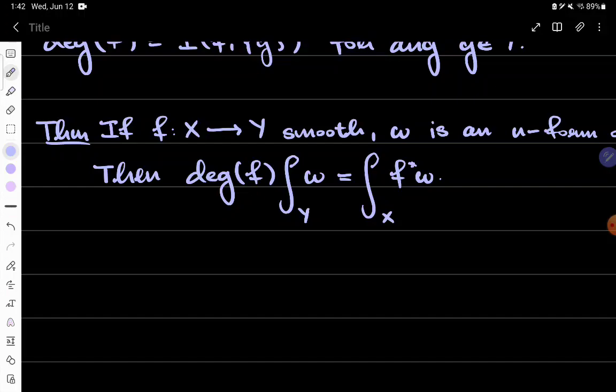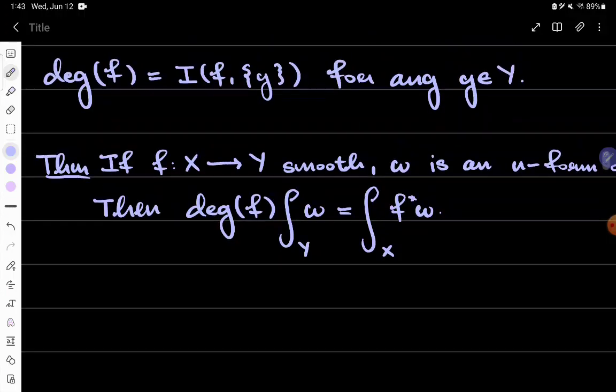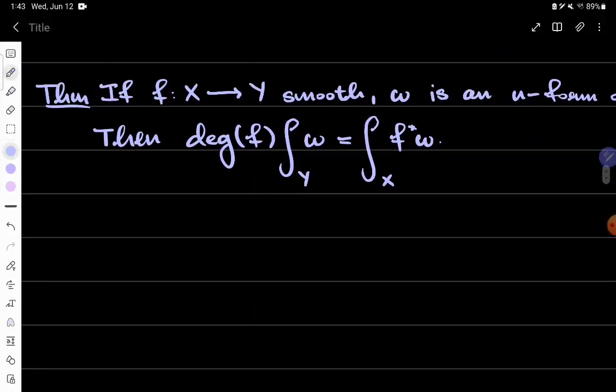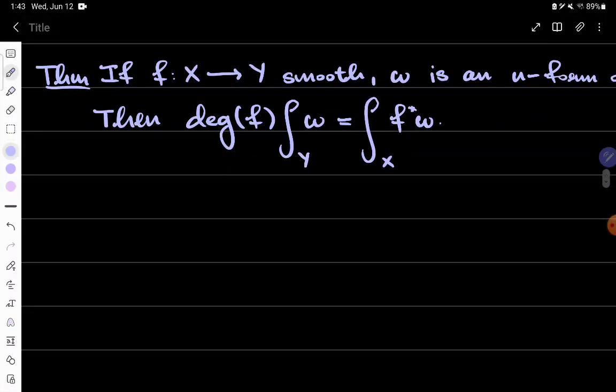Each of these occurs with a positive or negative index, depending on whether this map is locally orientation preserving, that is, whether it preserves orientation on each of these sheets that map to this open subset. And then you can cover the complement of the critical locus by opens and then use a partition of unity. So it's a local statement, and we can see how it interacts with orientation.